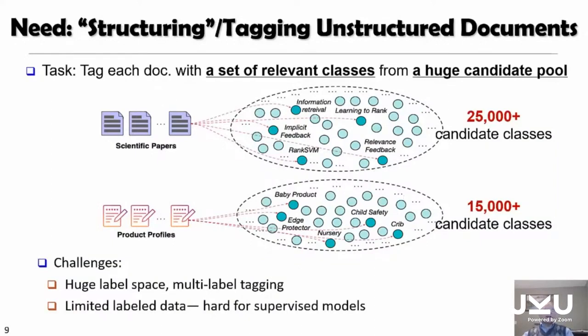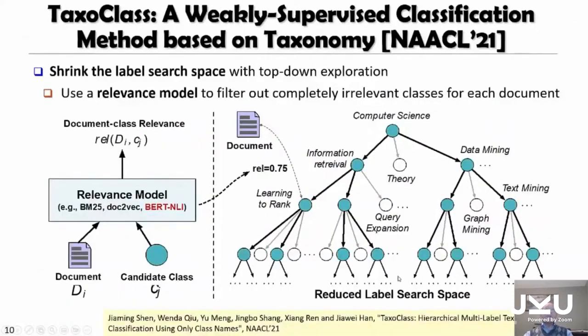But in reality, for example, in Microsoft Academic Graph, you may have 25,000 candidate classes, or even for product profiles, the categories could be tens of thousands, okay? So the major challenge is we may have a huge label space and we may want multi-label tagging, but we have only very limited labeled data. It's hard for supervision, okay?